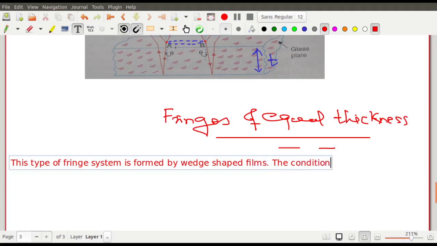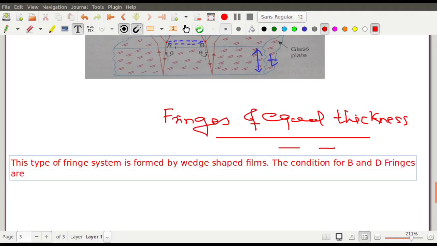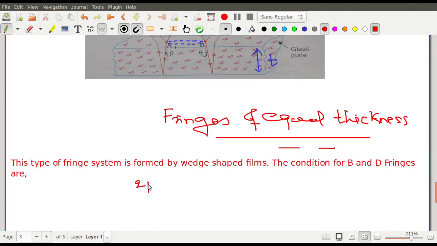The condition for bright and dark fringes, you know the conditions. 2 mu t cosine r equals n lambda, right?